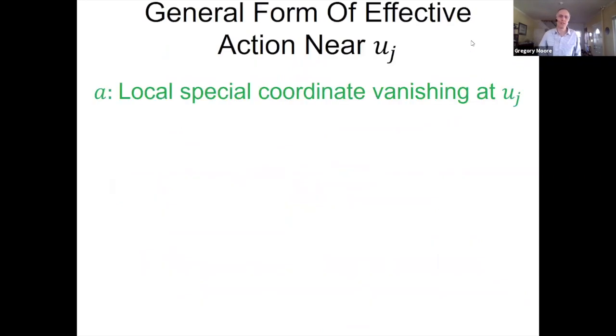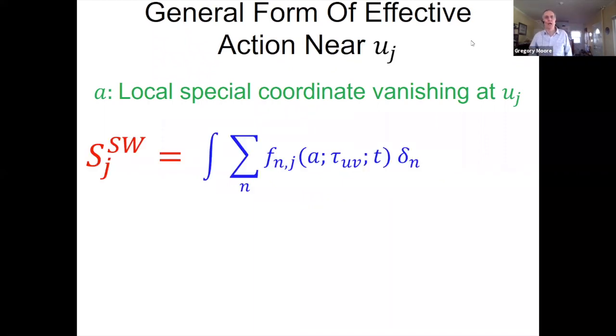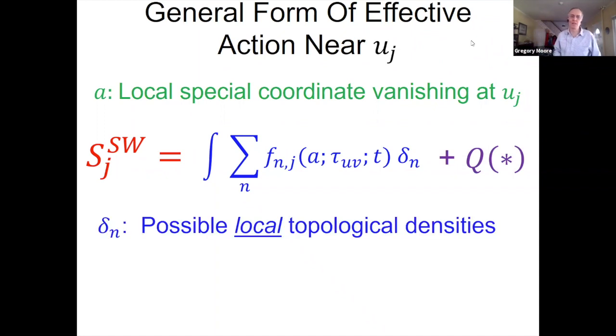Now near these cusps, we can introduce a local special Kähler coordinate, and our effective action will be a sum of a bunch of couplings, little f_n, multiplied by little delta_n, where little delta_n are the possible local topological densities, and that's true up to some Q-exact stuff.